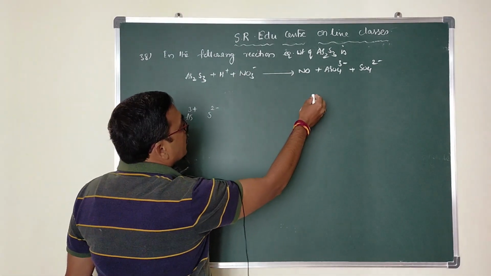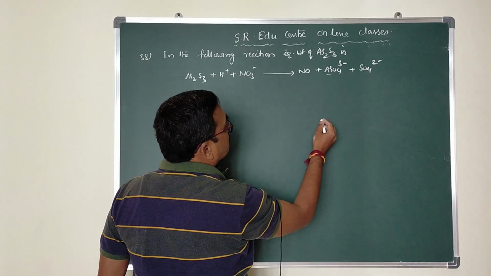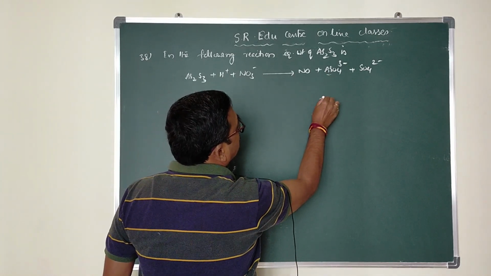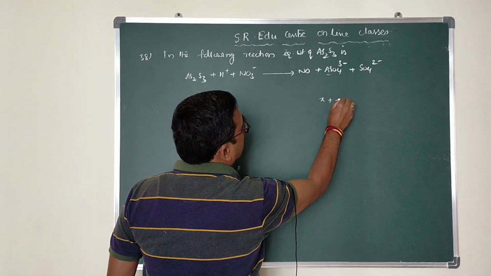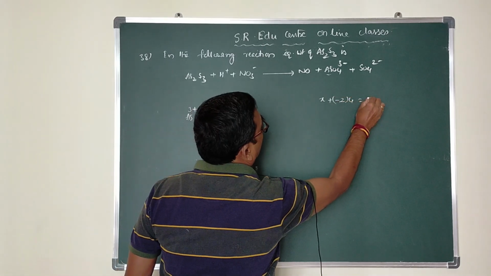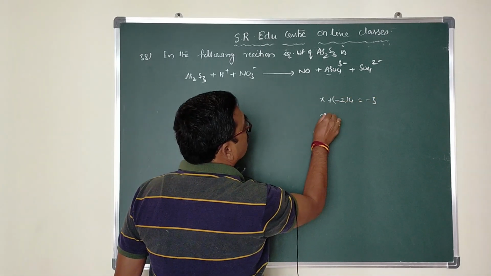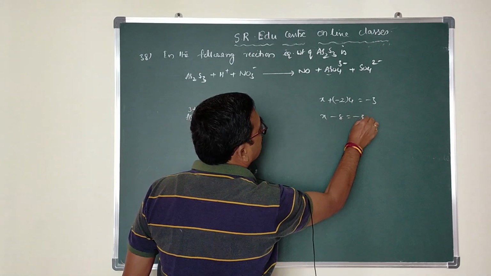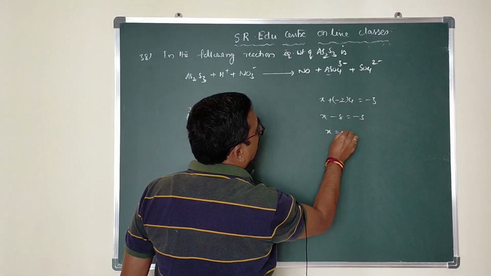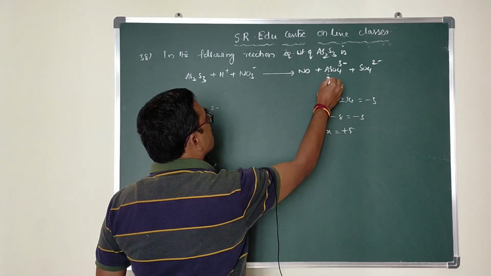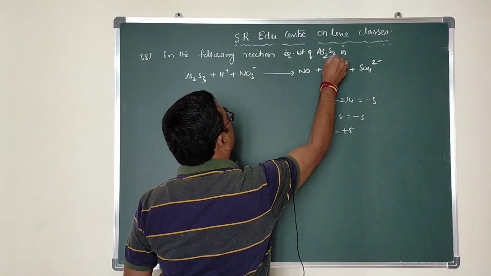In the product side, the oxidation state of arsenic is X, oxygen is -2 into 4 is equal to -3. So X minus 8 is equal to -3, X is equal to +5. So oxidation state of arsenic in the product side is +5.